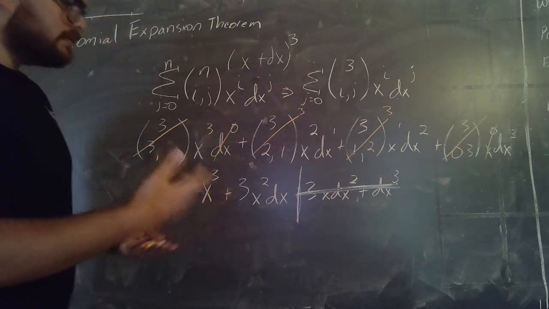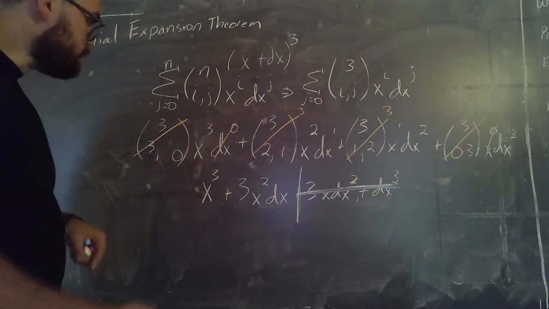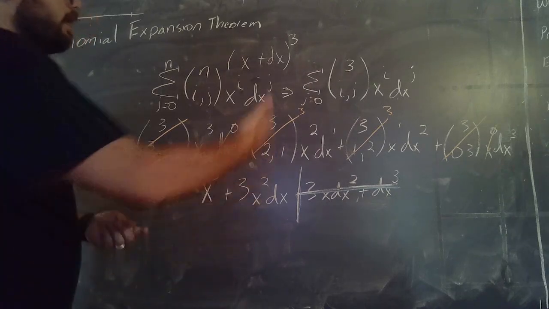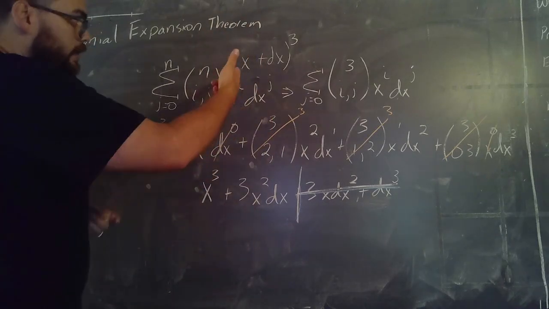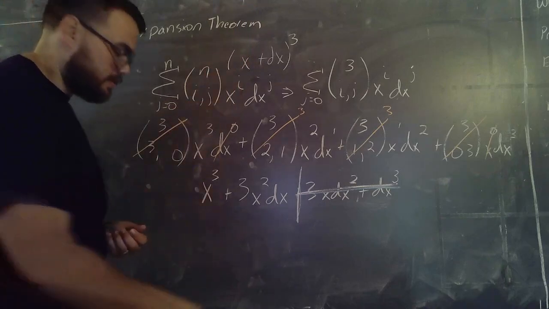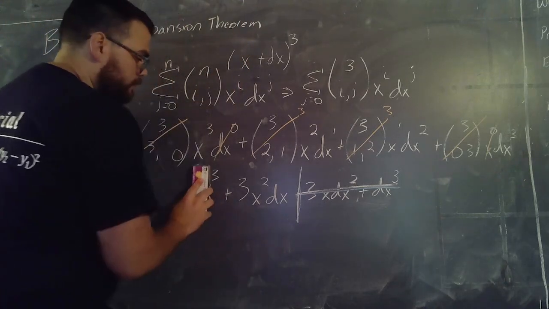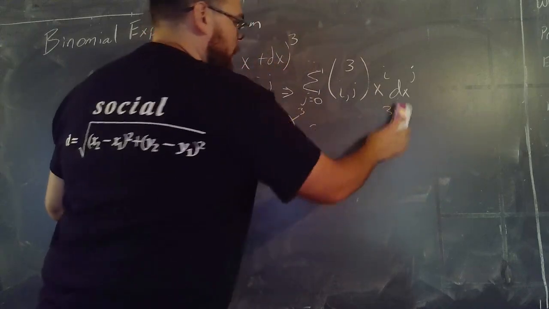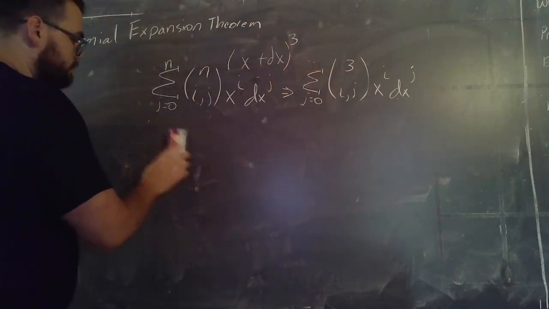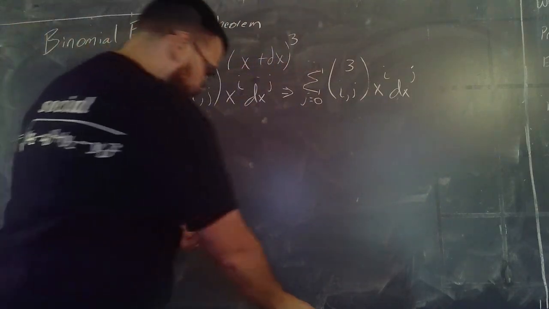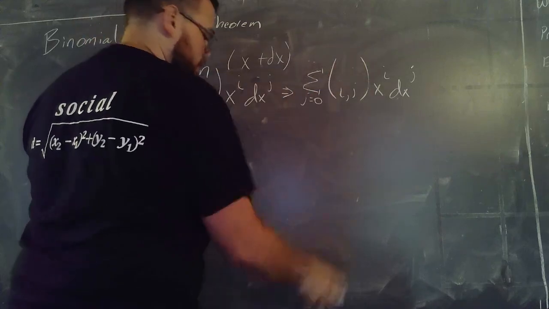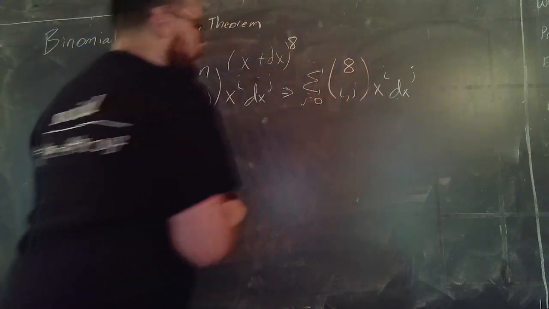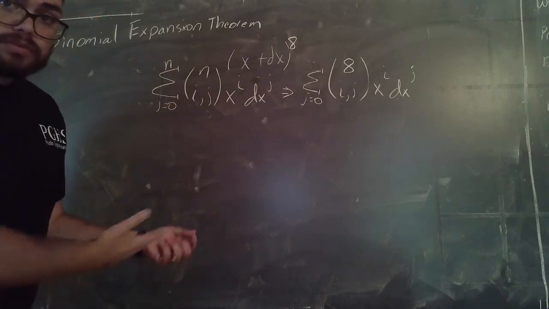So let's just quickly do the first 3 terms of x plus dx to the 8th power. We're just going to do the first 3 terms, okay? There's a reason for that. Not much has changed in what I'm writing down.